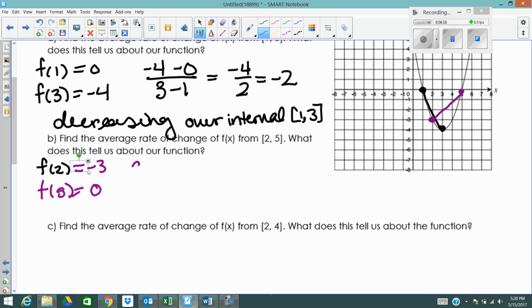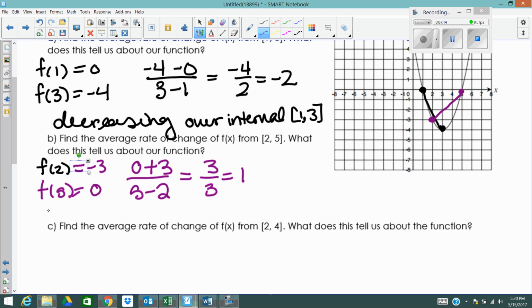So we're going to do f of 5 minus f of 2, all over 5 minus 2. So that's 0 plus 3, which is 3, over 5 minus 2, which is 3. So over the interval of 2 to 5, our average rate of change is 1.